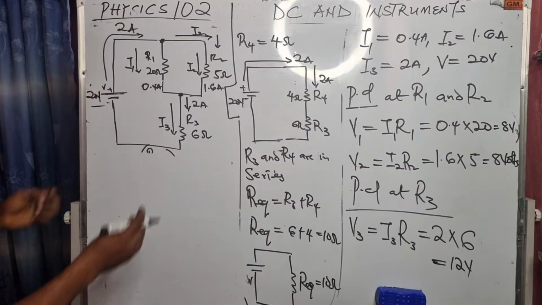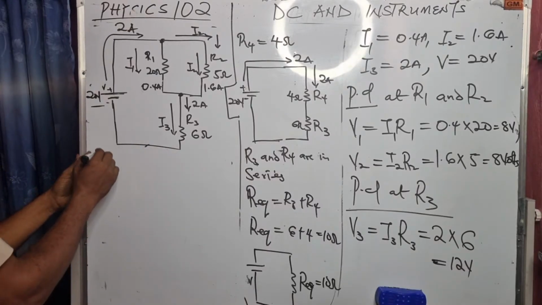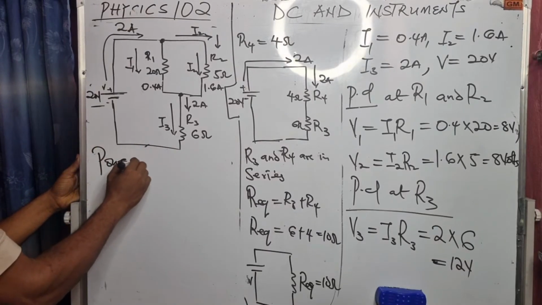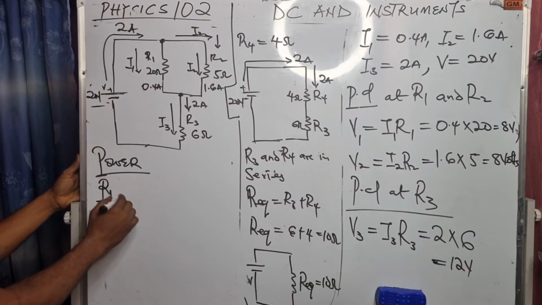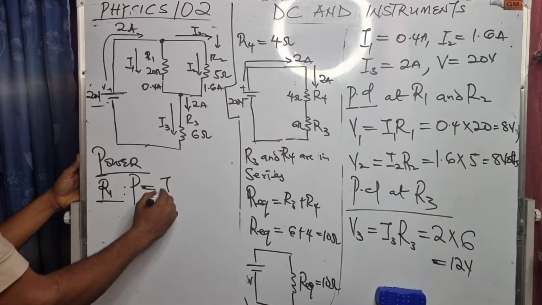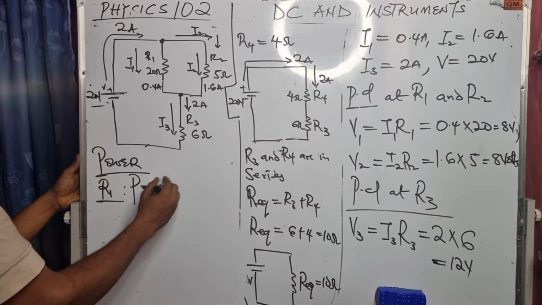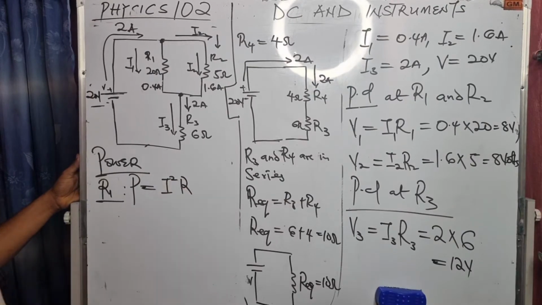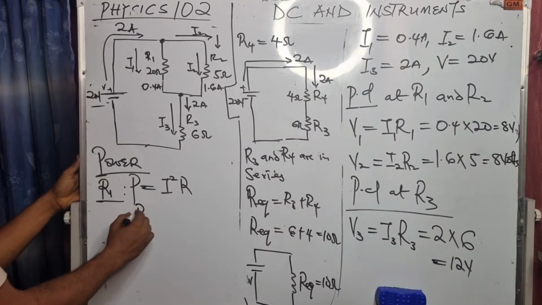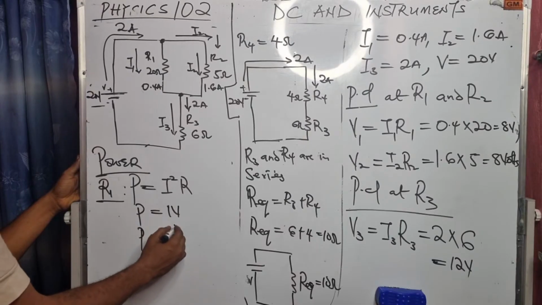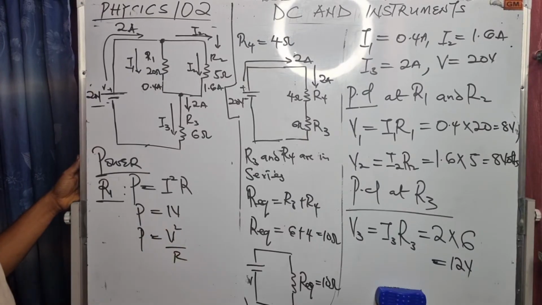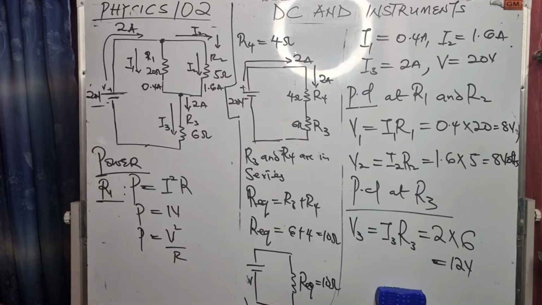For that of R1, power absorbed by R1 is going to give us P equals I squared R. The formula for power says I squared R, right? Power can also be given as IV, or power equals V squared over R, right? Any of these can actually work for power.